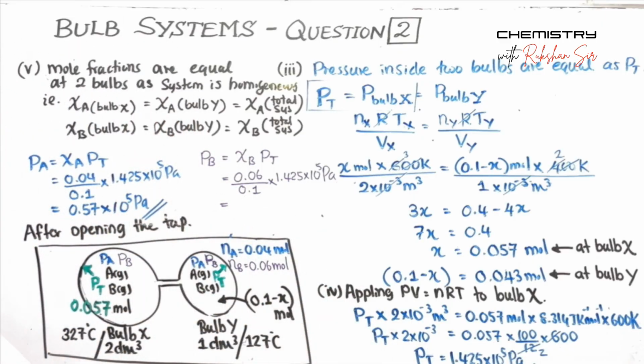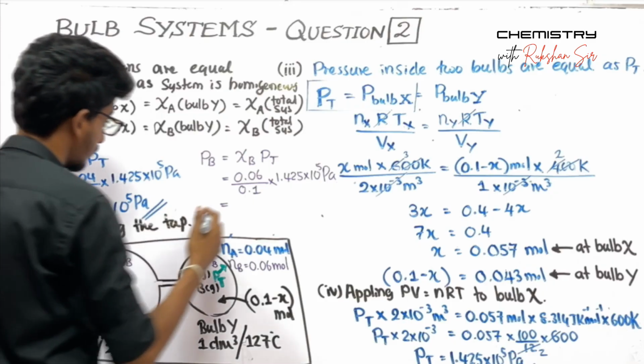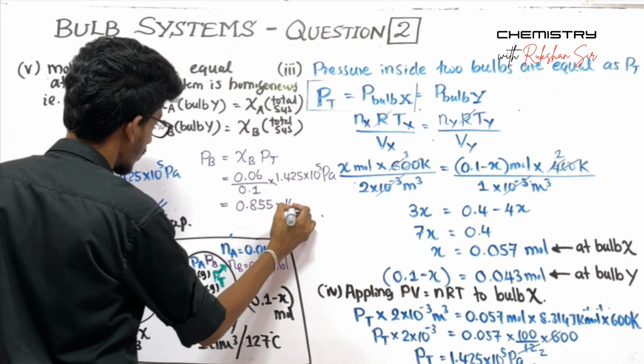So this is going to be 0.6 times 1.425, which gives 0.855 pascals.